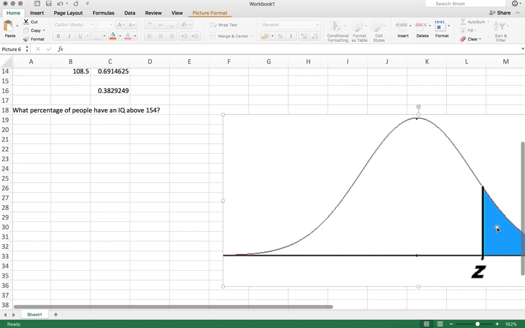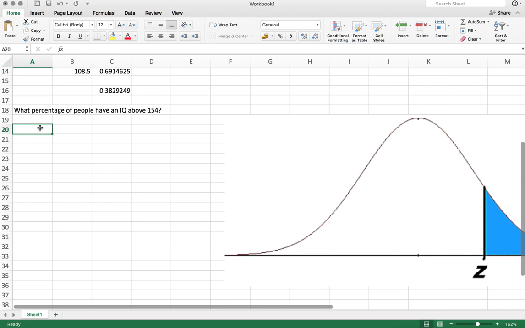The NORM.DIST function will always be returning the values on the left-hand side of the distribution. So we need to take account of the fact that the area under the whole curve is 1. If the function gives us the left-hand side and we need the right-hand side, we need to compute 1 minus the left-hand side.